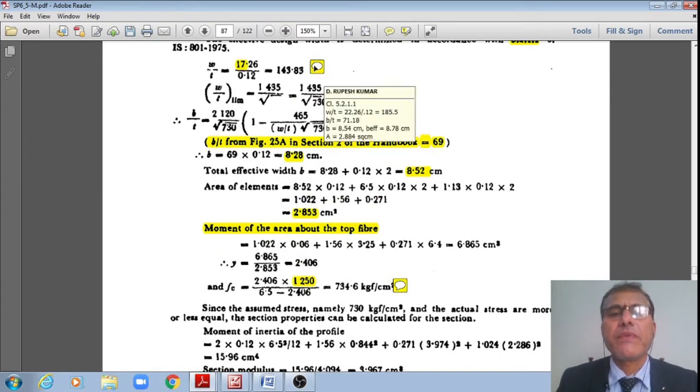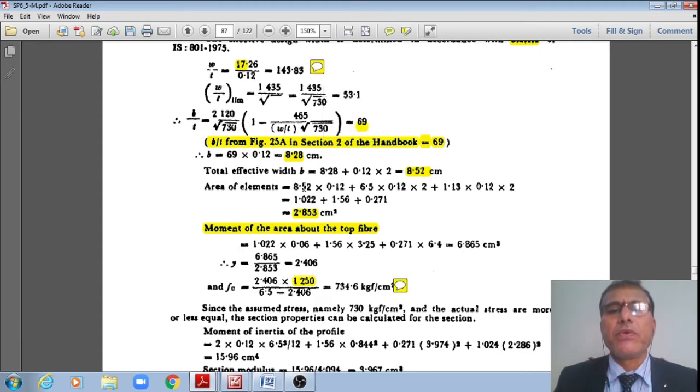8.78 is only effective. Therefore, the area of all these elements, right? This 8.78 multiplied by 0.12, that of the flanges.